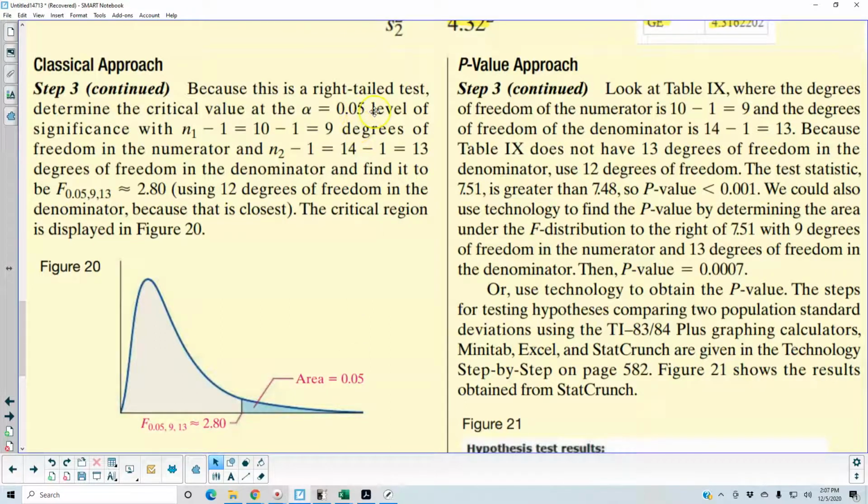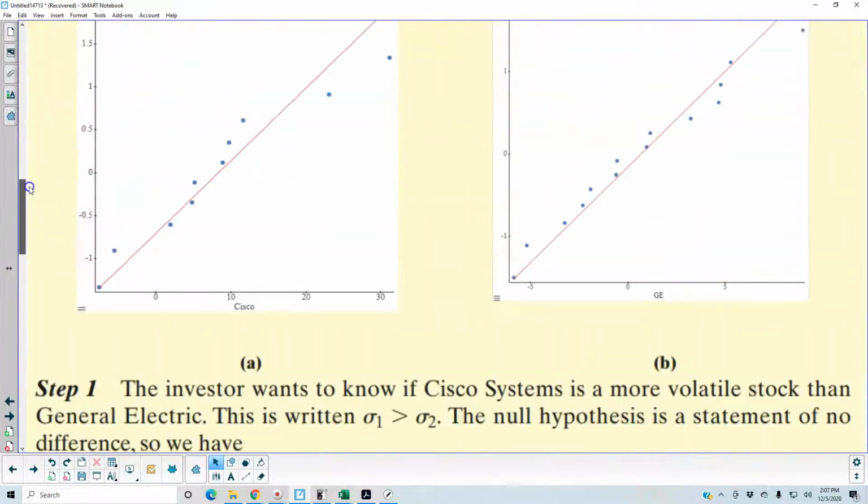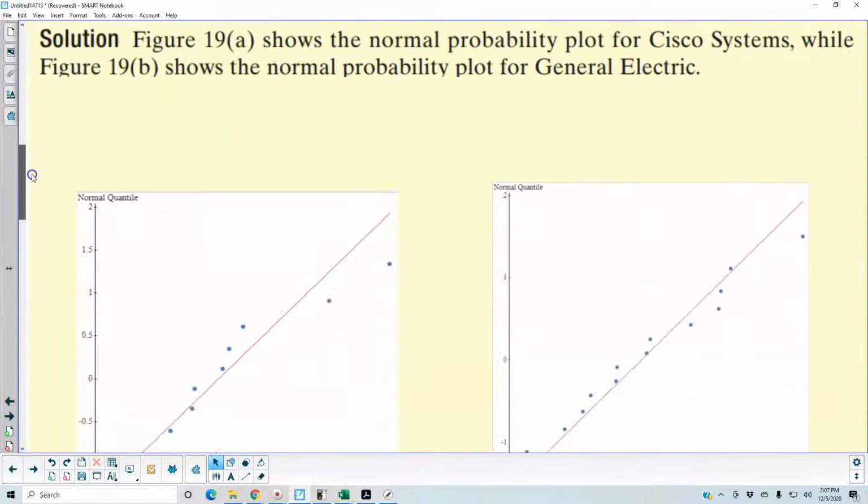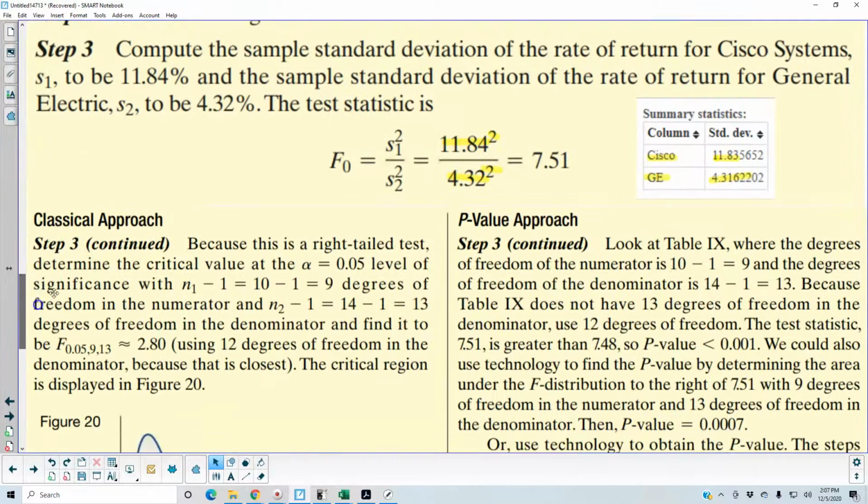So we need to find the degrees of freedom in the numerator. The first population has 10 total numbers, so we take 10 and subtract 1, and we get 9 degrees of freedom in the numerator.